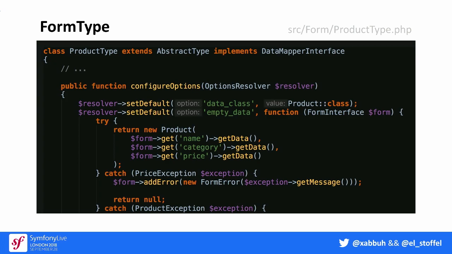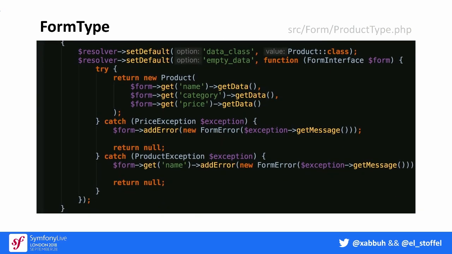No worries, slides and code are online afterwards, but it's empty underscore data. And we are now attaching a form error object to our form, so that we can actually tell the user what's going wrong and what they have to change. Of course, then we don't have any product at all, and they need to re-enter data and iterate here.